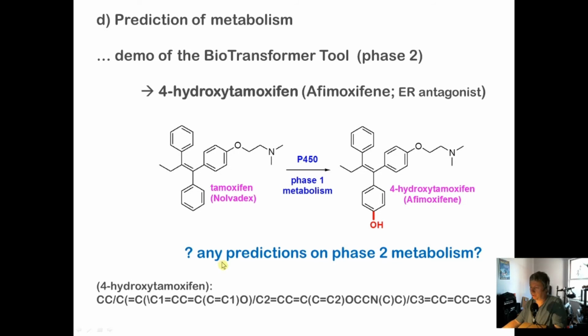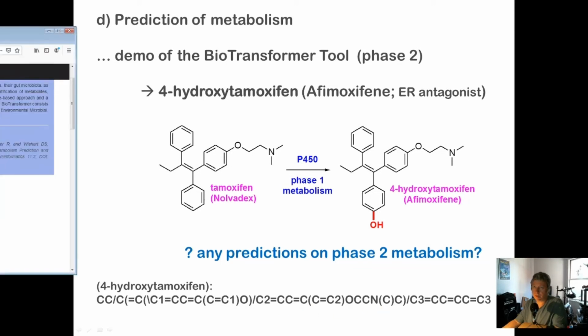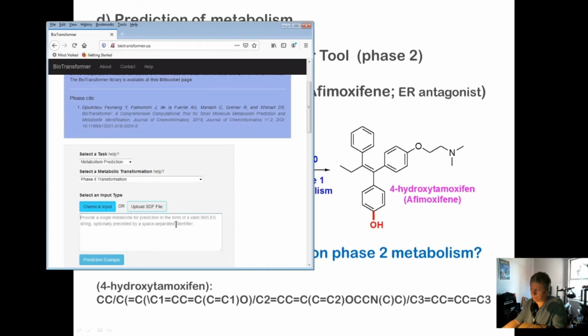Let's give it a shot. So here's a SMILES string. Okay, I just copied it to the clipboard. Okay, so now I just go down and stick in my SMILES string. It also says upload an SDF file. SDF files are a different tool for chemical structures.